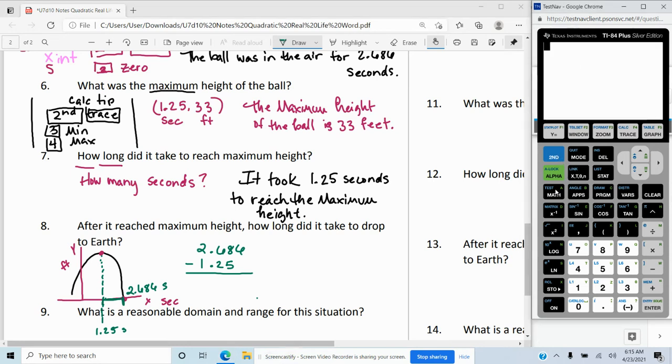You hit second mode to quit. And I'm going to hit 2.686 minus 1.25. Enter. And we are looking at a time of 1.436, to be exact, seconds to drop to the earth.